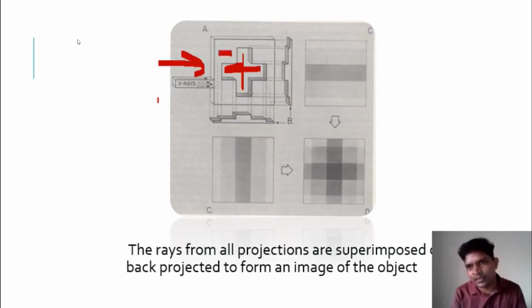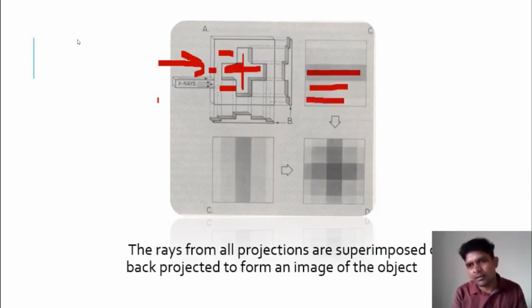This is the thinner part, here the thicker part, and here the thinner part. Because of that, the thicker part will have more absorption, due to that there will be a darker area. A slightly thinner part gives a slightly darker area. Where there is no object at all, here is the brighter area.